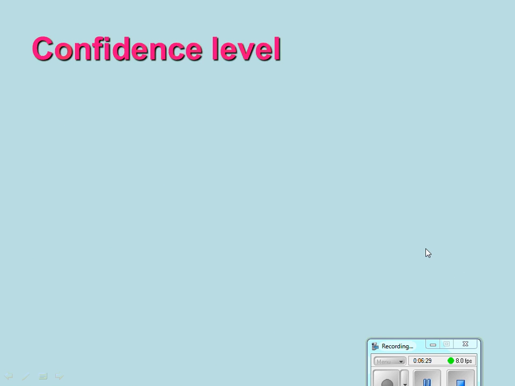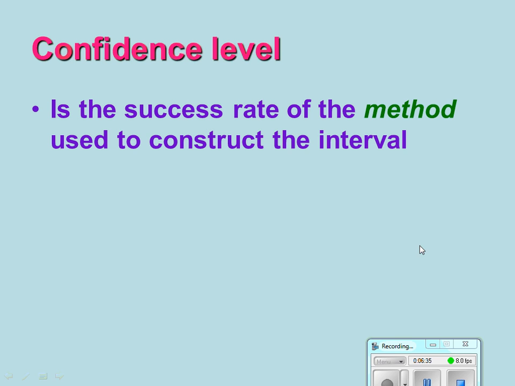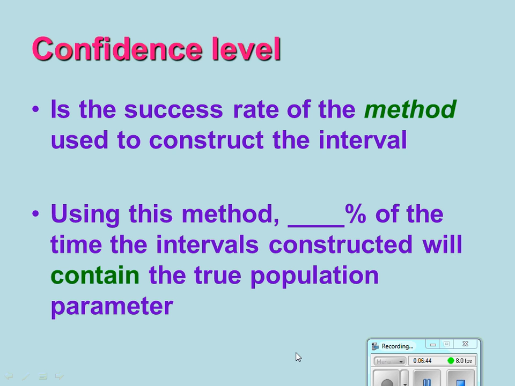So let's take a look at what's called a confidence level. Your confidence level is the success rate of the method used to construct the interval. Again, it's the method used. Here's sort of like one of our recipes from earlier in the year, like for r and r squared.